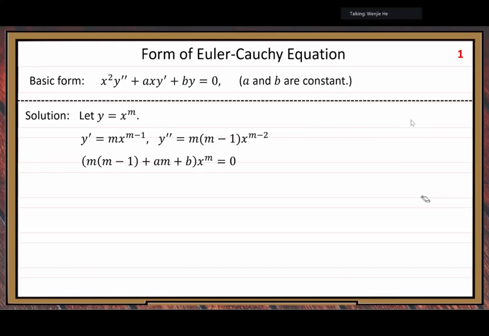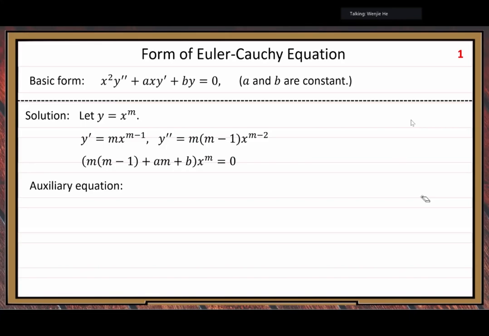All derivatives are gone. And the power function x to the m is in general non-zero. It takes 0 at just one point; other than this point, it is non-zero.